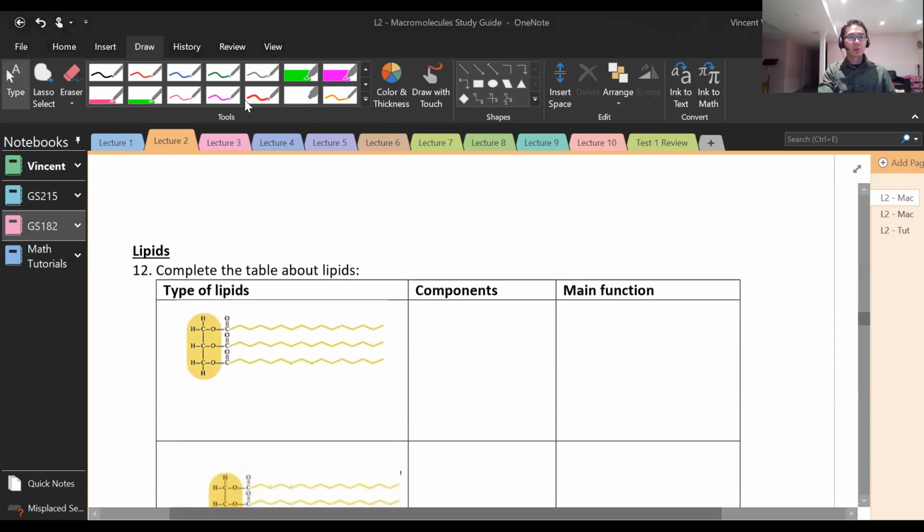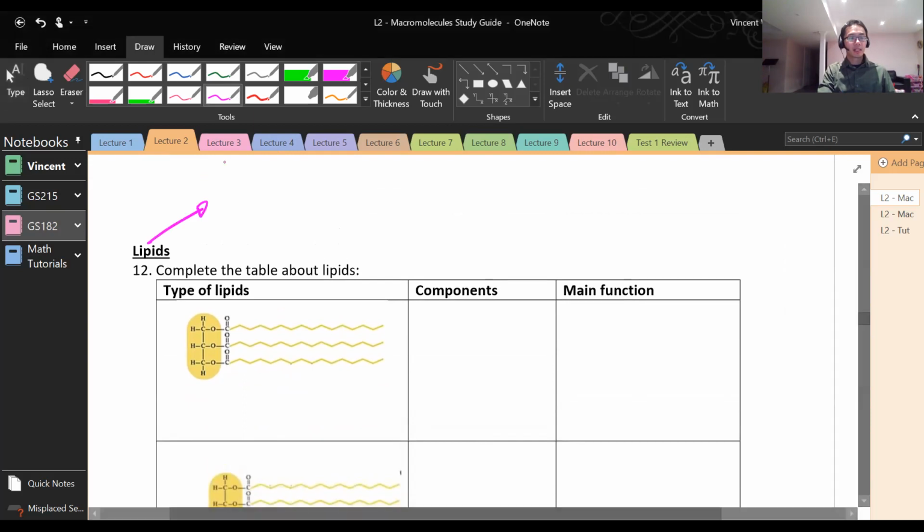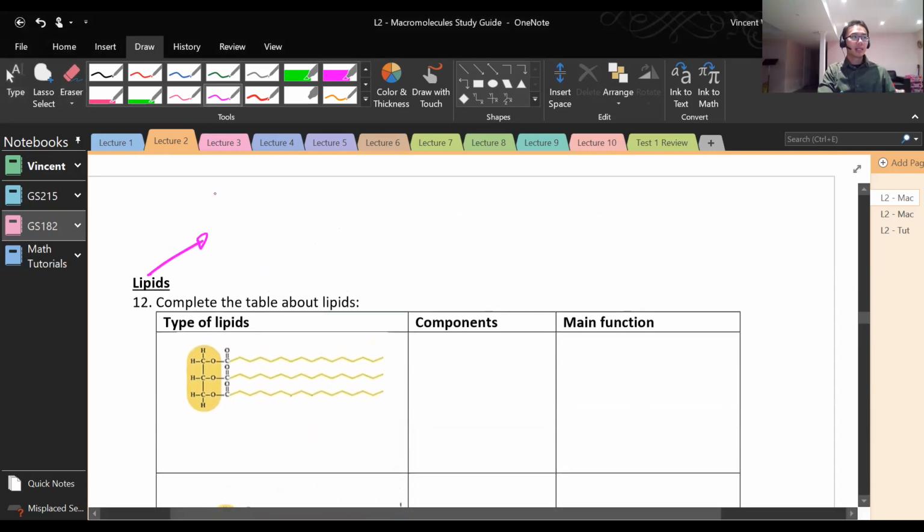All right, next one, lipids. Just a quick reminder: lipids are a little bit different than the other types.